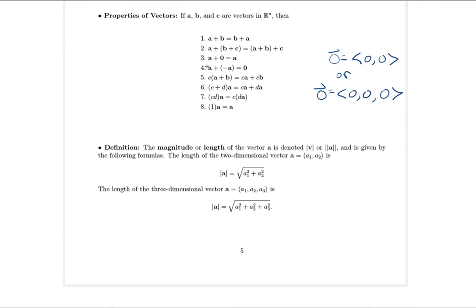And then there's also this idea that for every vector, there's an opposite of that vector, so that if you add them, you get the zero vector. You can distribute scalars through to 2 vectors added. You can distribute a vector through to 2 scalars added. And then the associative property of scalar multiplication works. And of course, if you multiply a vector by the scalar 1, you get it back.